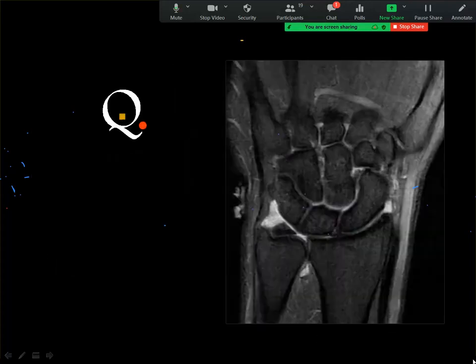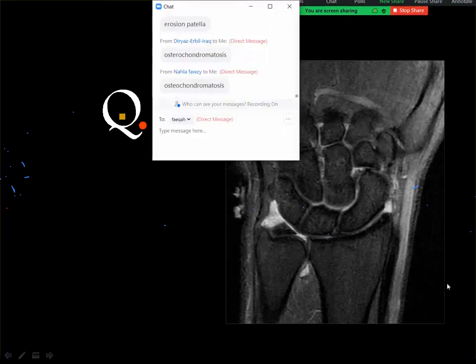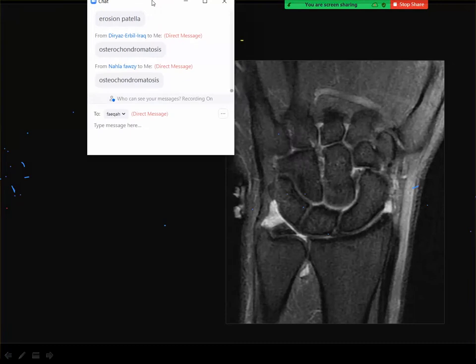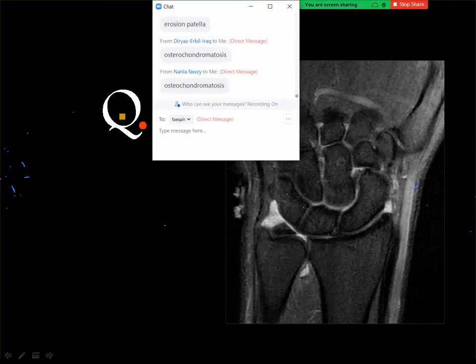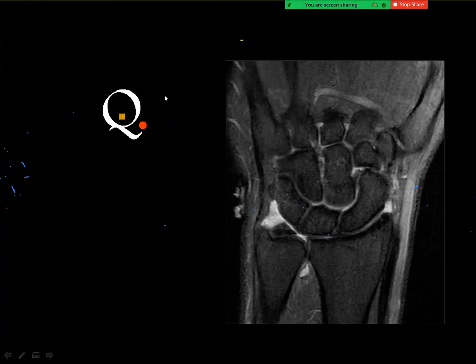Next case is an MRI of the wrist joint in the coronal view, stair image. Yes, TFC tear, Nahla said, and most of you answered the case correctly.